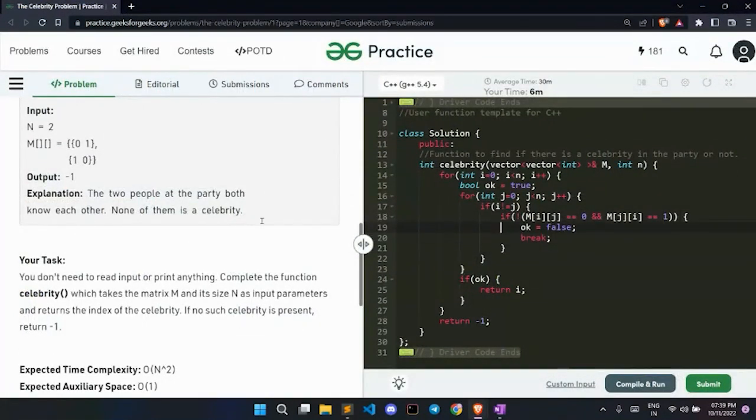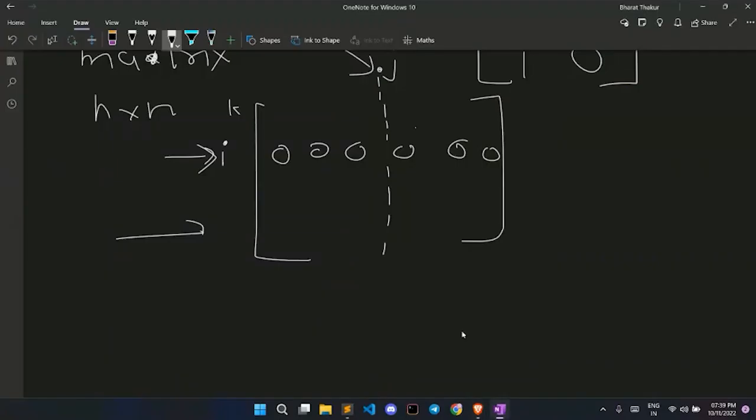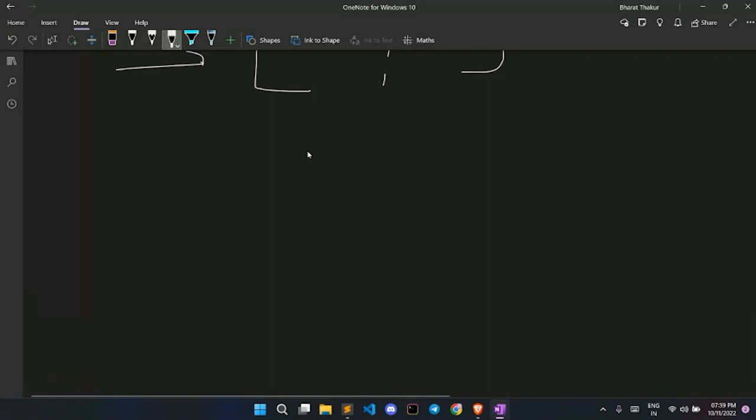So first of all, what are the things that we should try to improve? First of all, we will try to improve loops. Okay. So we have two loops here, the first one and the second one. And in the second loop, we are checking ij and ji. So what if I say, okay, I will explain it here. In this code, what is happening?